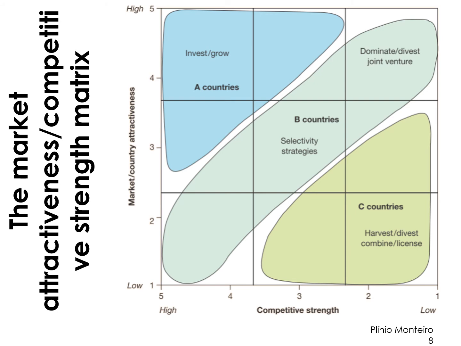In the B countries, you have more selectivity in your strategies, and it's very common here to use some kind of joint venture to increase your competitive strengths in that country, since you have some attractiveness in their markets.